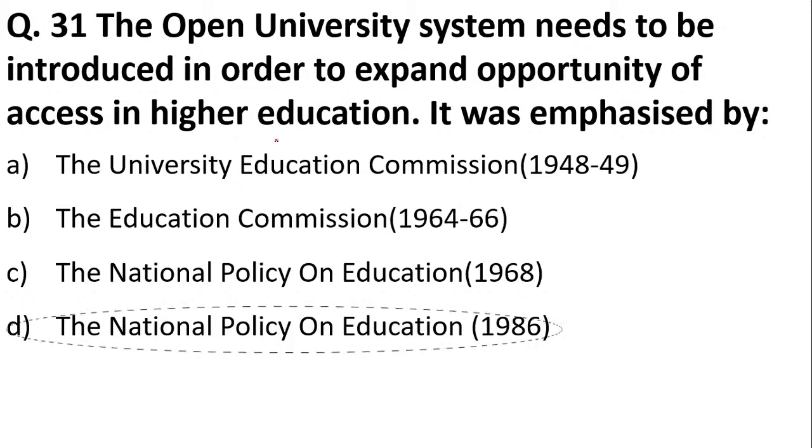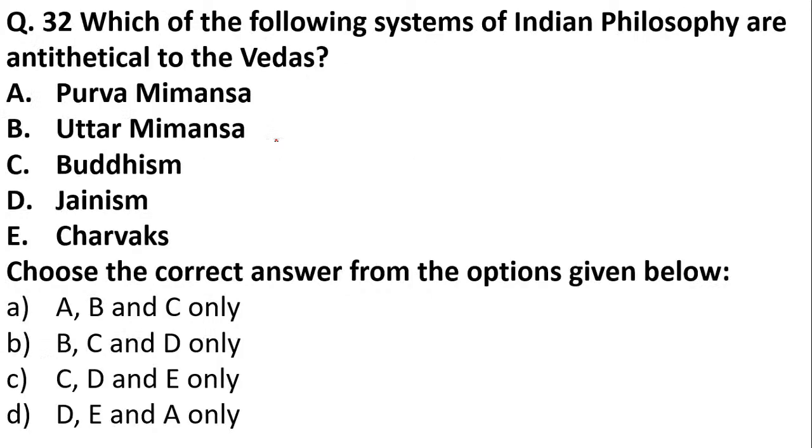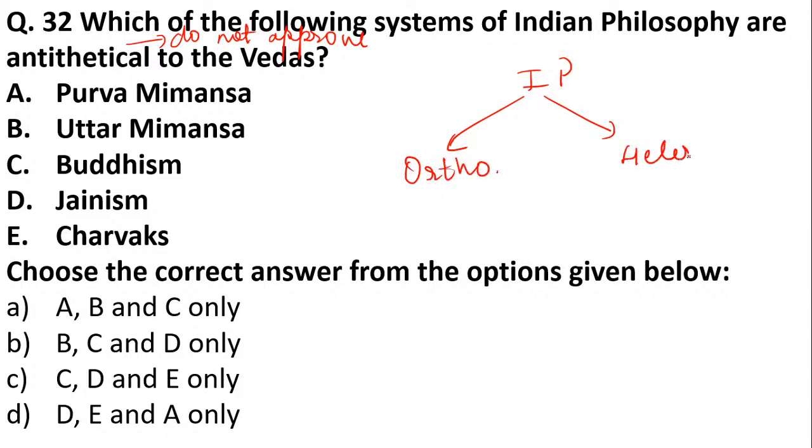Which of the following systems of Indian philosophy are antithetical, and antithetical means which do not approve Vedas. So, Indian philosophy is divided into two parts, orthodox and heterodox.